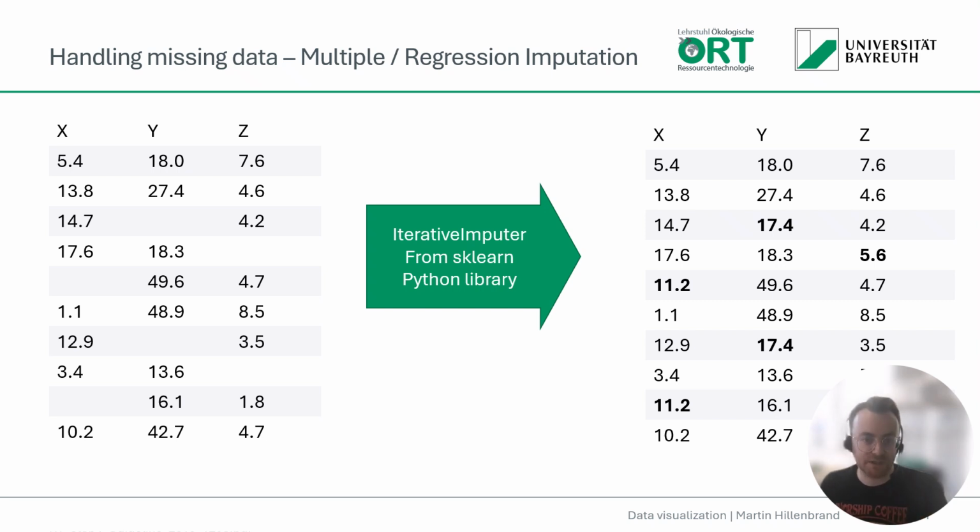By using multiple or regression imputation, the advantage is that the relationship between X, Y, and Z is taken into account, which often is the case. If you have data points that have no connection between X, Y, and Z, then there is no value in using this approach. But if you have that relationship, you have to account for it.